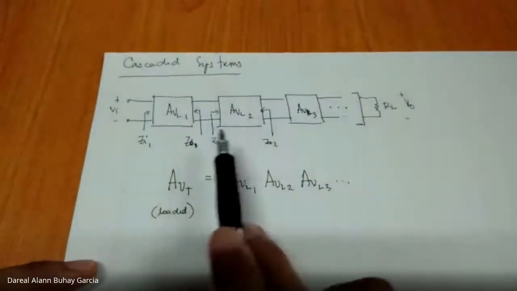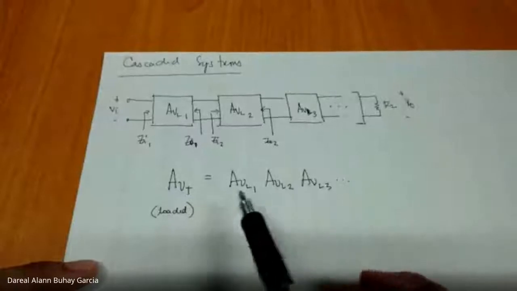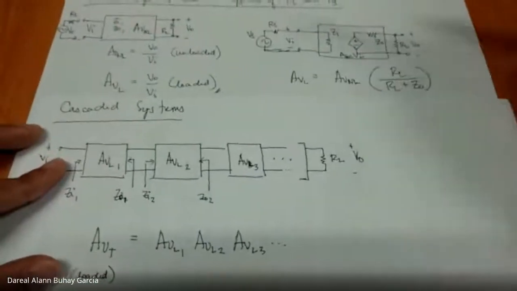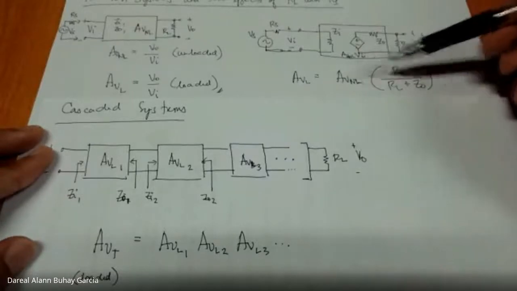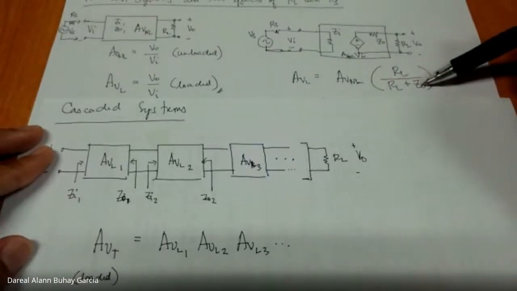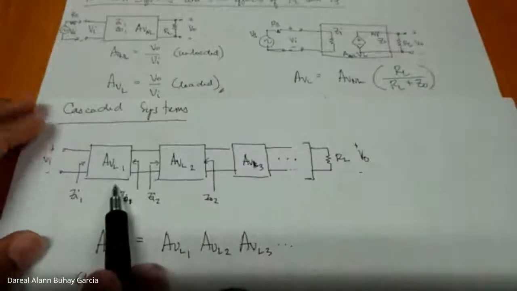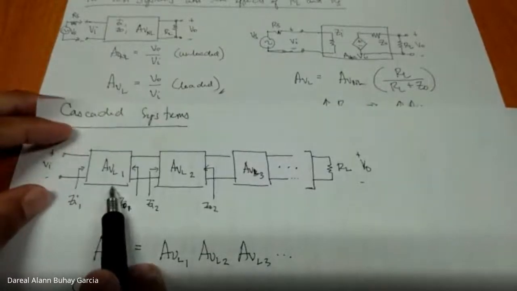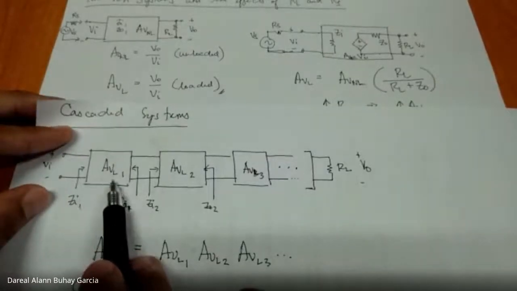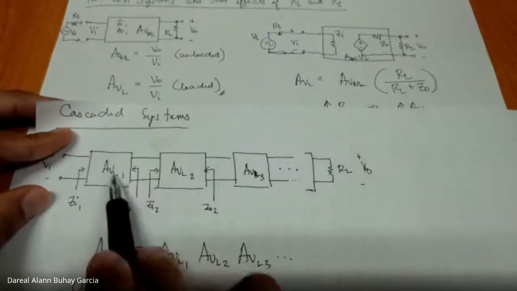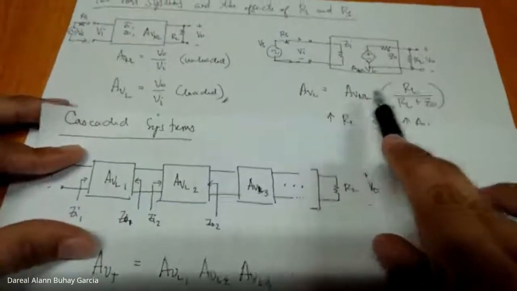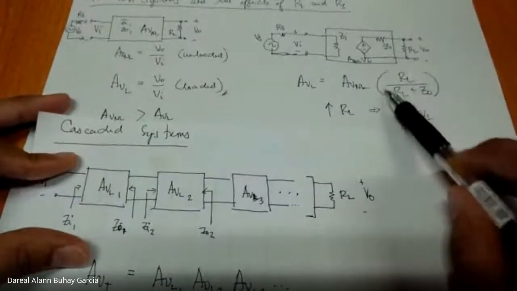One thing to consider is the formula for AVL, which is AVNL times RL over RL plus ZO. Let's say, for example, we consider the point of view of System 1. How will we solve the loaded voltage gain of System 1? We have its unloaded voltage gain, and we multiply it by this ratio or factor.